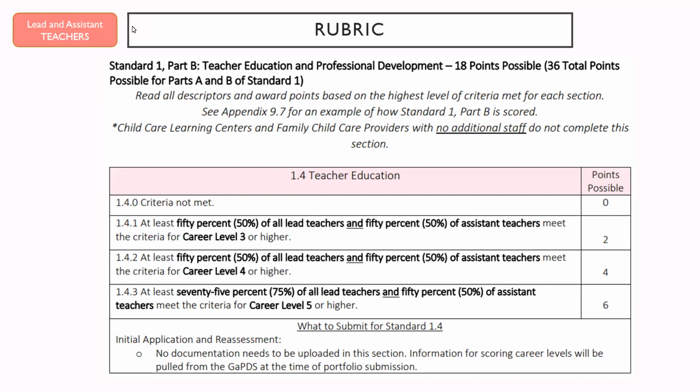Information for scoring career levels will be pulled from the Georgia PDS at the time of portfolio submission for teacher education. This only applies to those staff listed in the Georgia PDS and portfolio as lead teachers or assistant teachers.